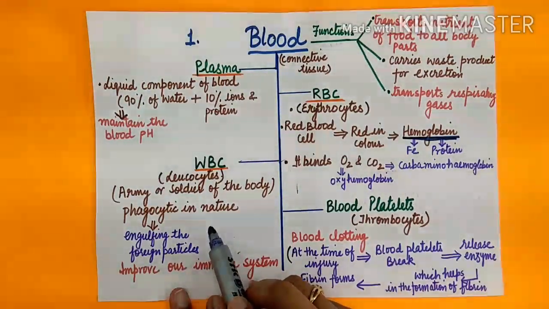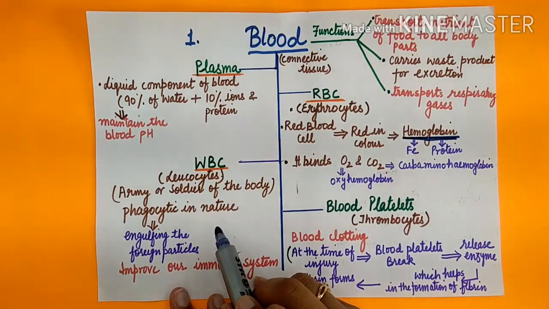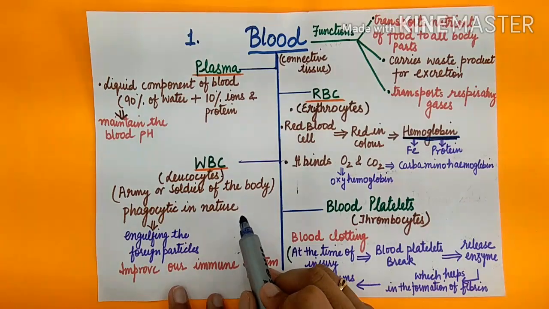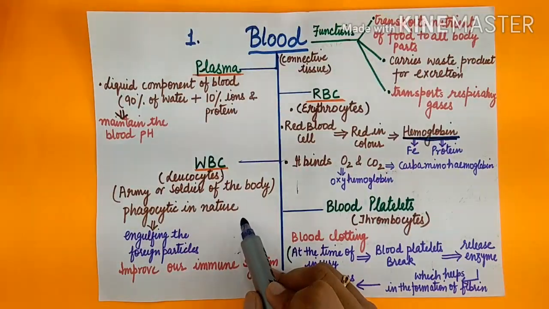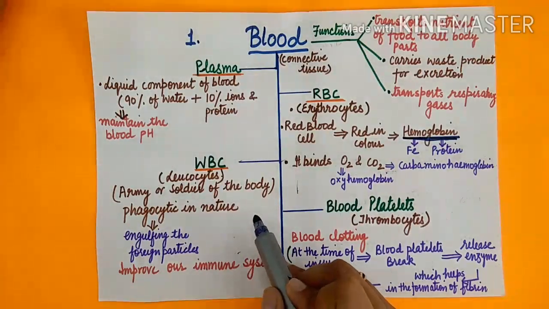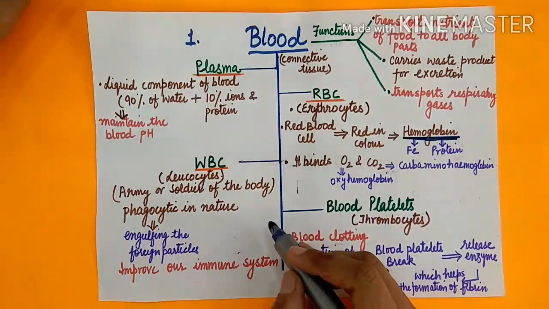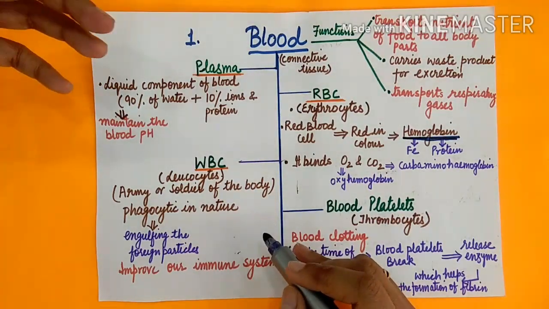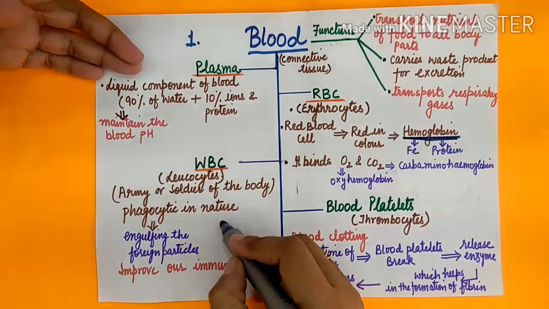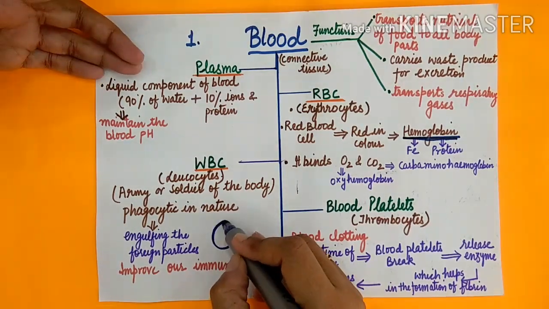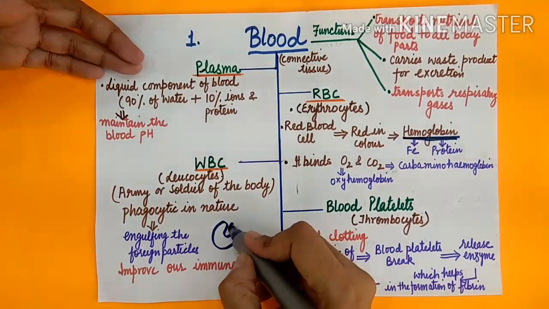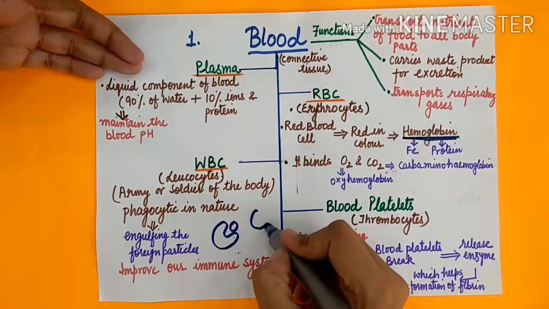Phagocytic in nature means, just recall amoeba, how amoeba takes nutrition by engulfing the food particle. Clear? Like amoeba, it also surrounds the foreign particle and engulfs the foreign particle like this.